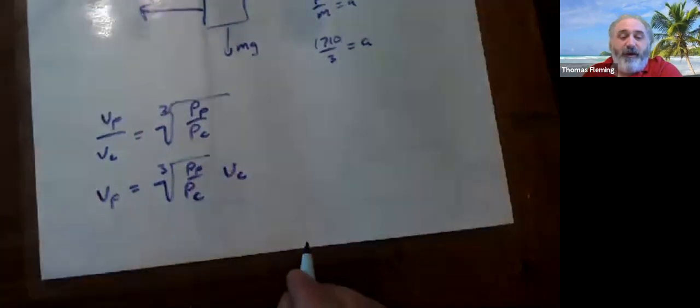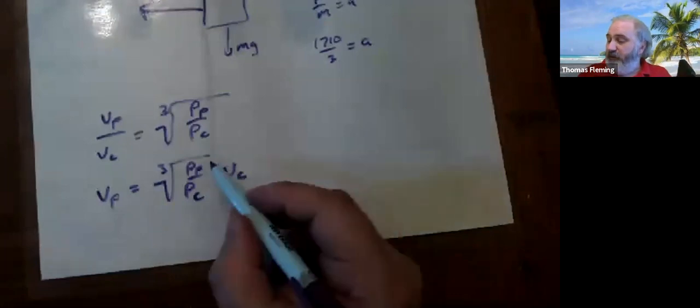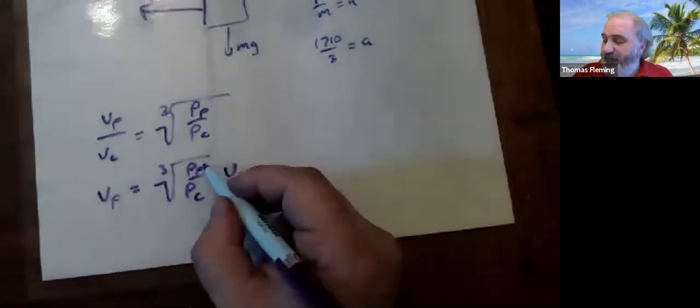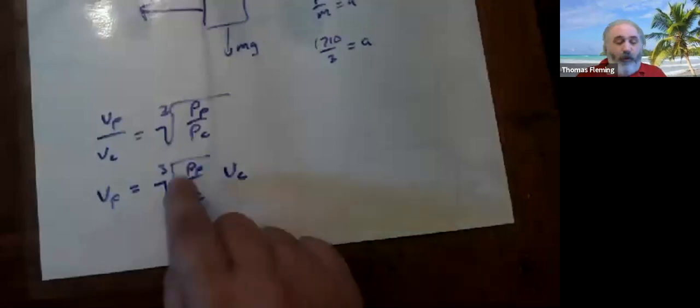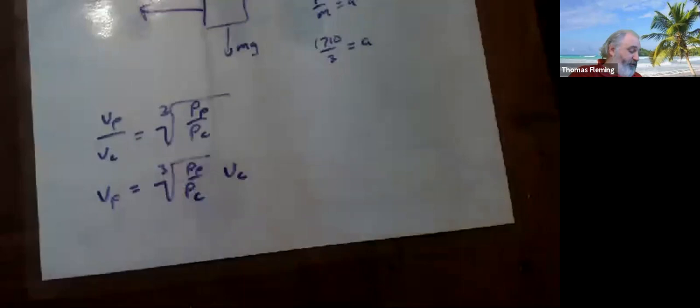I'm just getting V Prius by itself. And so now what's going to happen is, the power of the Prius was 121. That was 495. So 121 divided by 495 is about 0.244. I've got to cube root that.